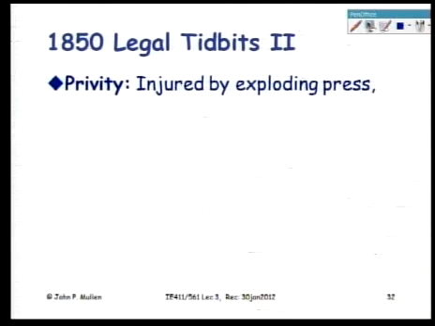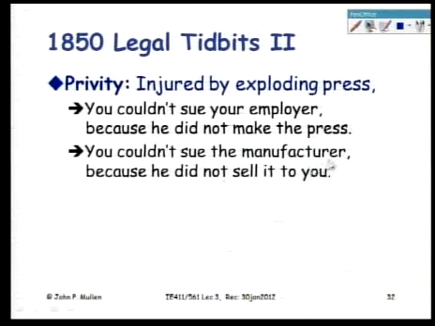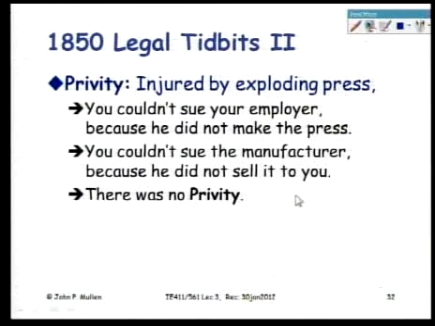We have had to add an exchange of money and property to have privity. So you couldn't sue your employer because the employer didn't make the press that blew up. You couldn't sue the manufacturer of the press because he didn't sell the press to you. He sold it to the manufacturer. So you couldn't sue anybody. There was no privity.